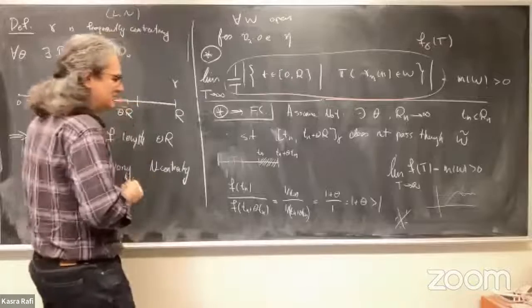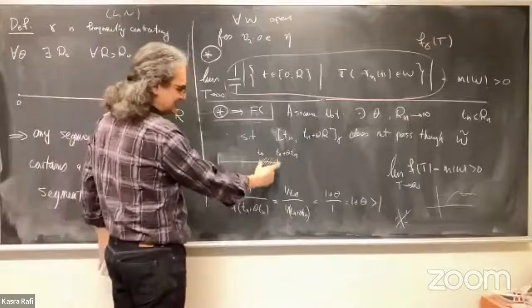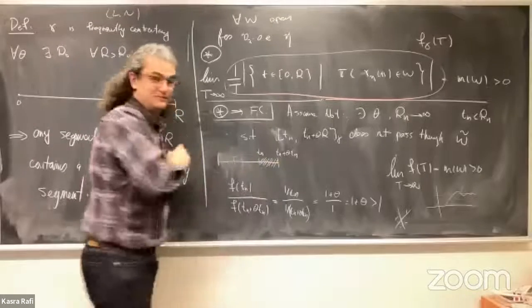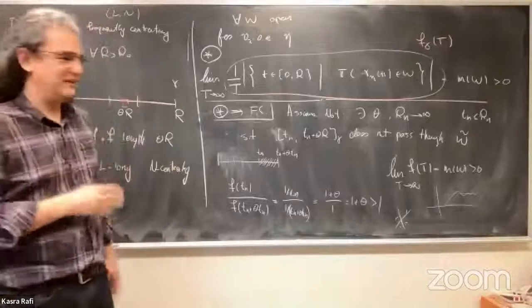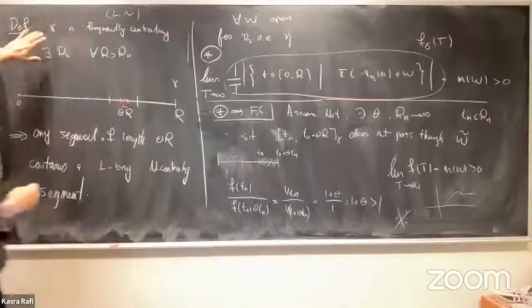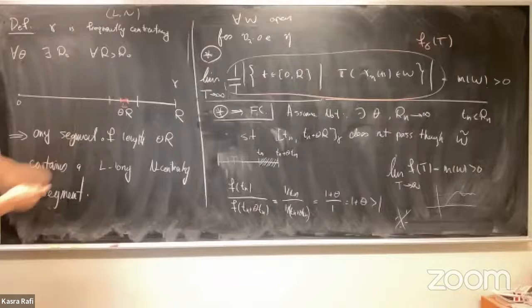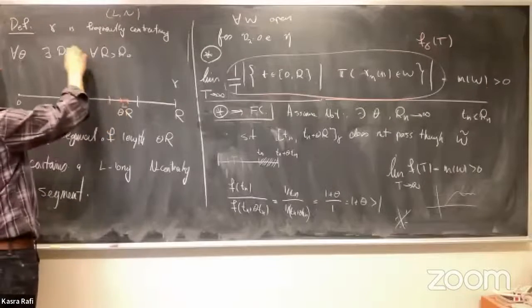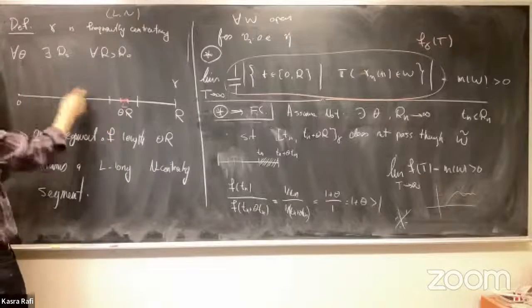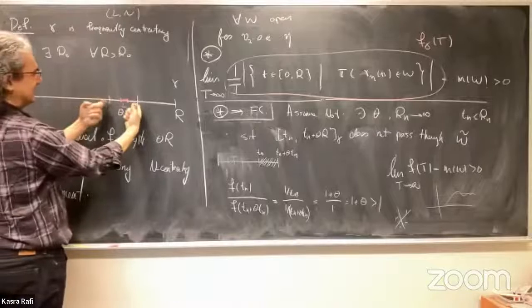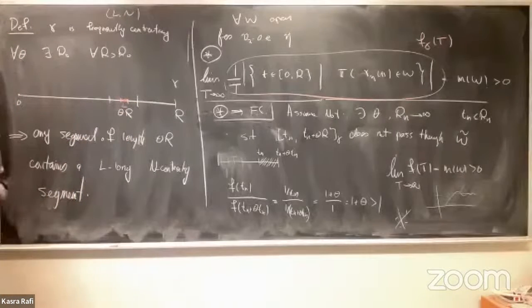Therefore, you cannot have any linear segment where you don't visit W, for any theta, which means for every theta you have to be frequently contracting. So for every theta and any segment of length theta r, there has to be a contracting subset.